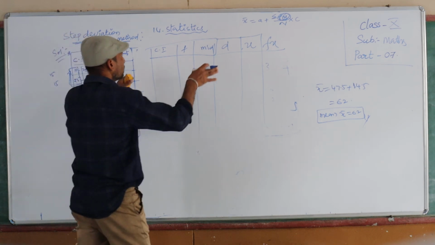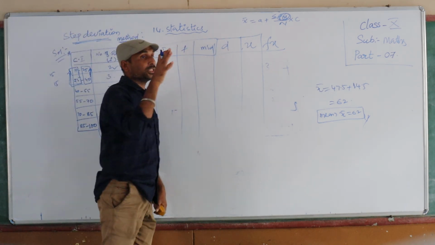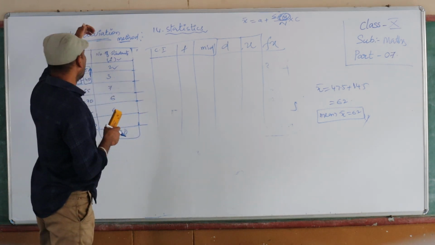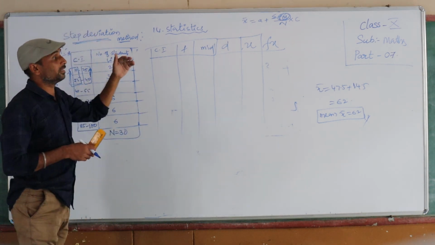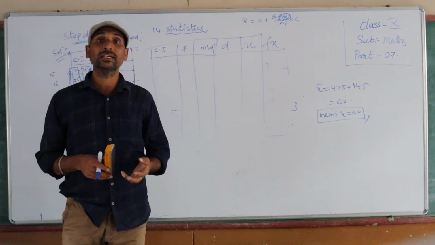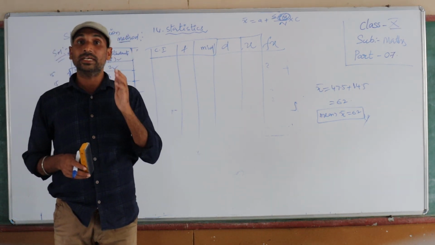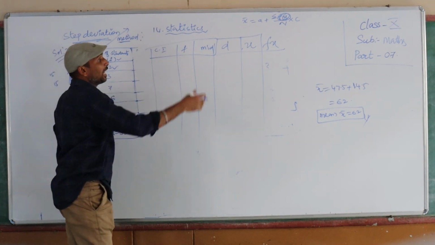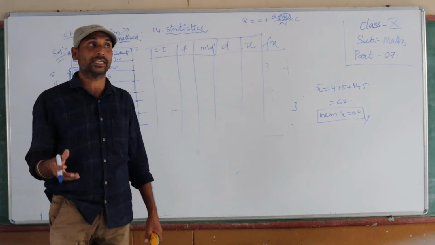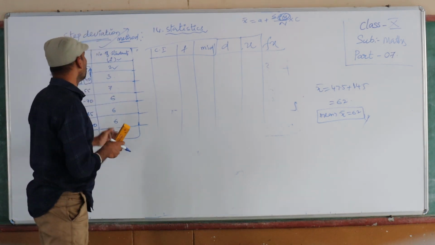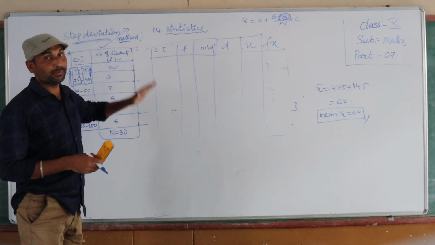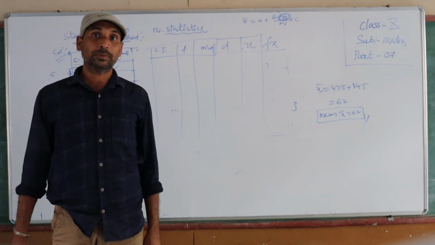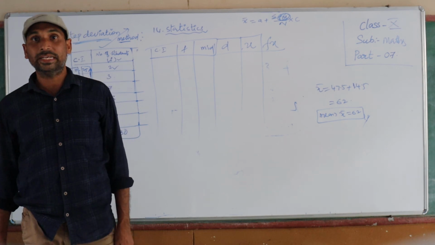So keep these three tables in your mind, and follow the method that the question asks for. If they simply ask to find the mean of the data without naming any method, just go through the step deviation method only. That is it, children. The next problems we will discuss in the next class.